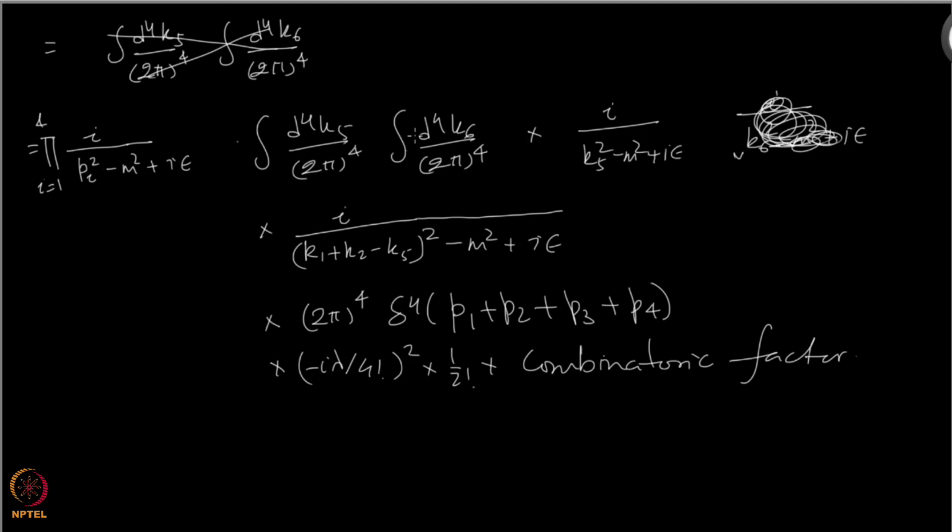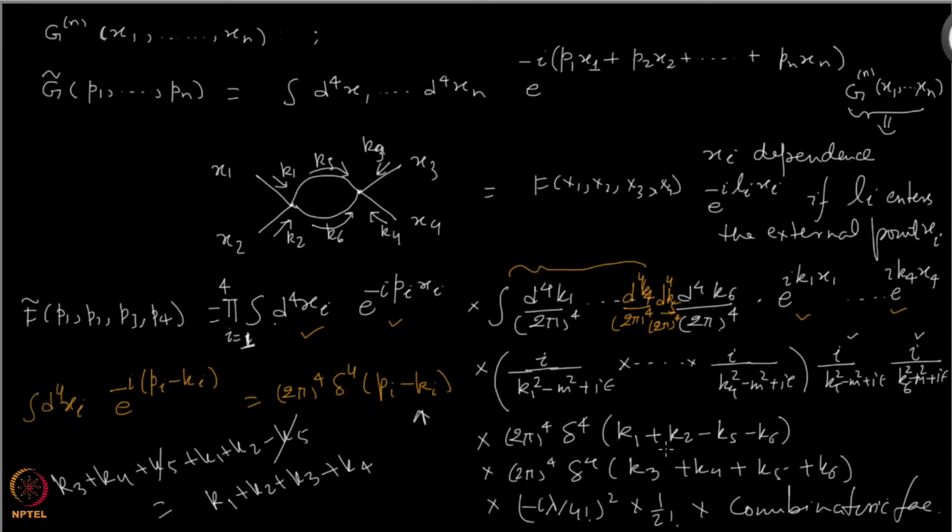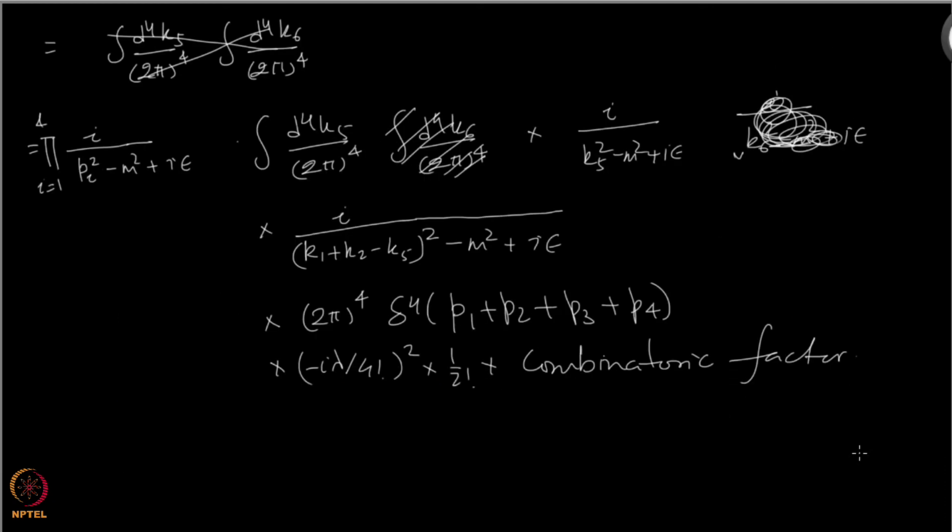I have done the integral over k6, so I should not have it here, right? I have used up the delta function, this one, to do the integral, and this is the one which remains.